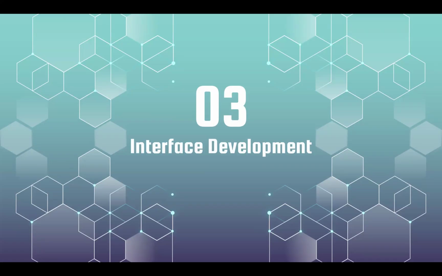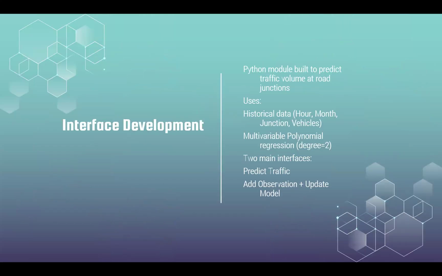I was responsible for doing the interface development on our PowerPoints. The interface development's main thing was to create a module where we can predict the traffic volume at a road junction. Since we had three, we needed to find one for each one.